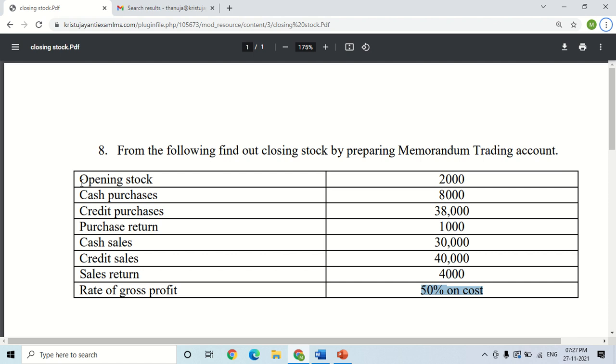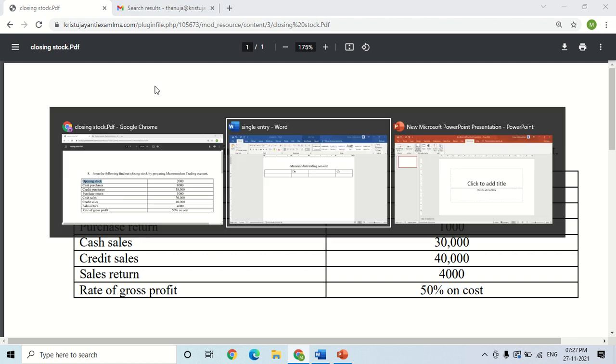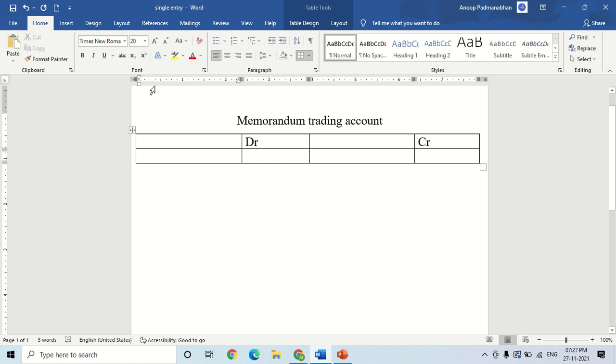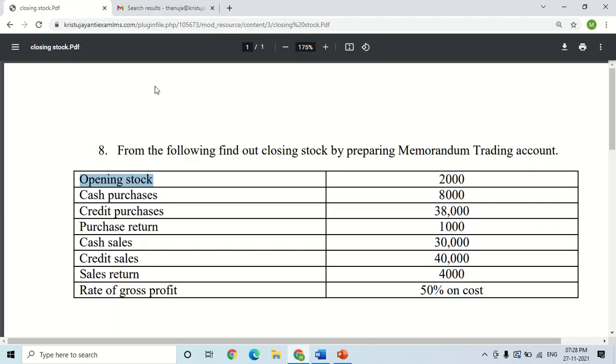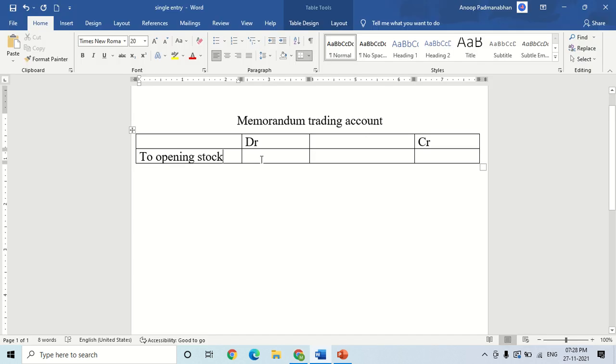So the first item is opening stock. Opening stock will come on the debit side of your trading account, because it is your expenditure. So write opening stock on your debit side, that is 2,000 rupees. Look at the question, 2,000 rupees.